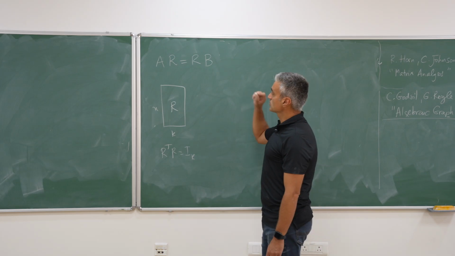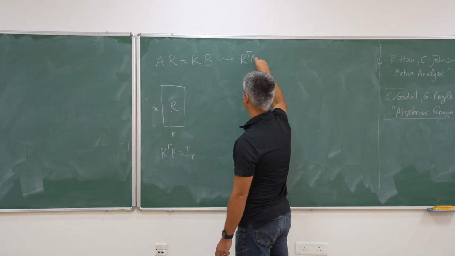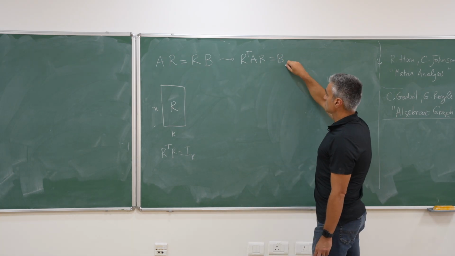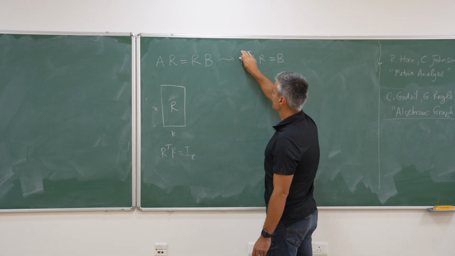So the argument here was, what we had is R transpose AR equals B, and we left it like this.